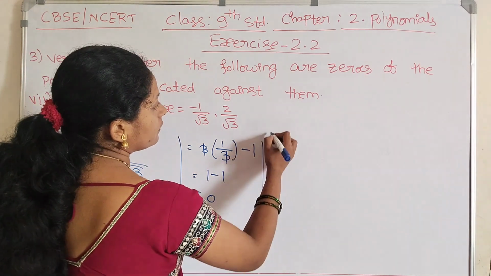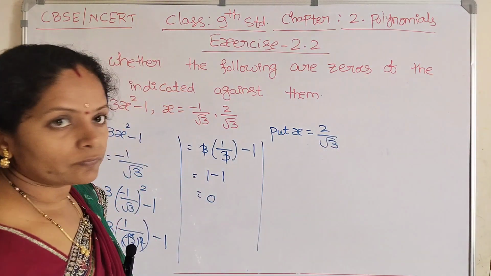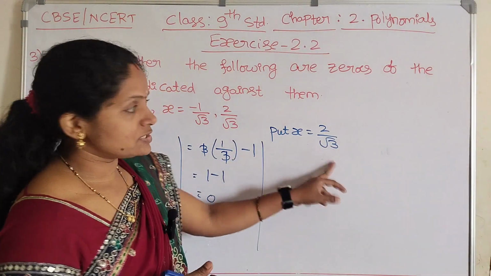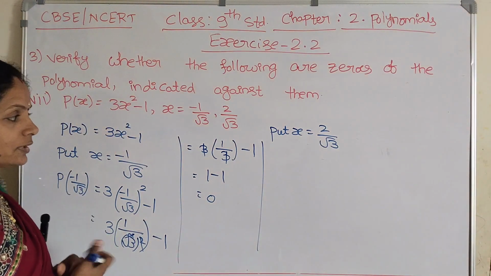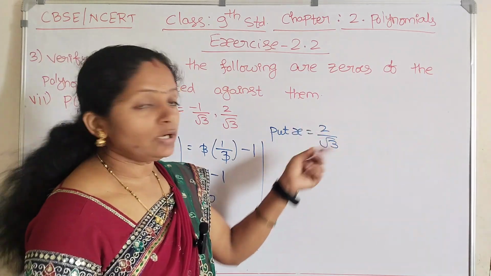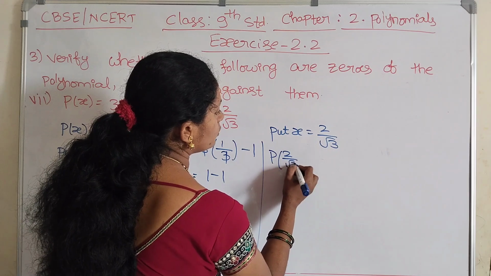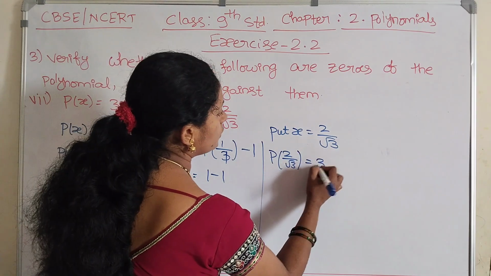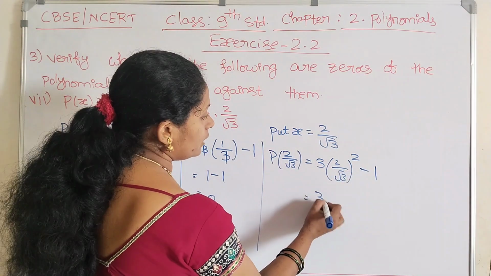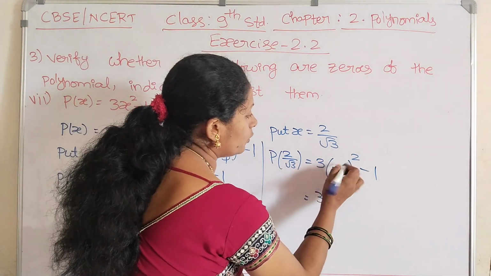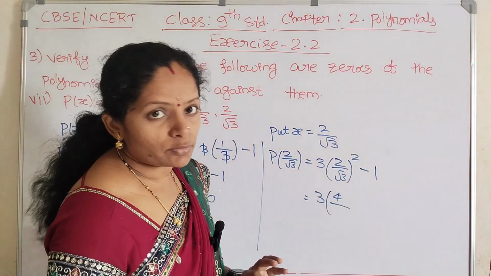In the next case, put x is equal to 2 by root 3. Now let us see whether this is also a 0 or not. Here it is declared that minus 1 by root 3 is the 0. Now let us check for 2 by root 3. P of 2 by root 3 is equal to 3 into 2 by root 3 whole square minus 1. 3 into 2 square is 4, divided by root 3 whole square, and the square and square root get cancelled.